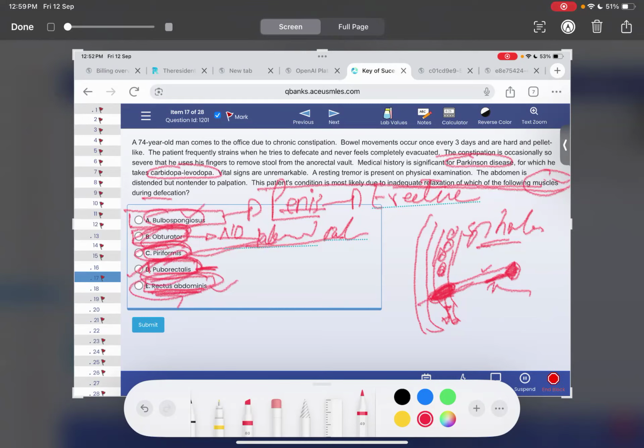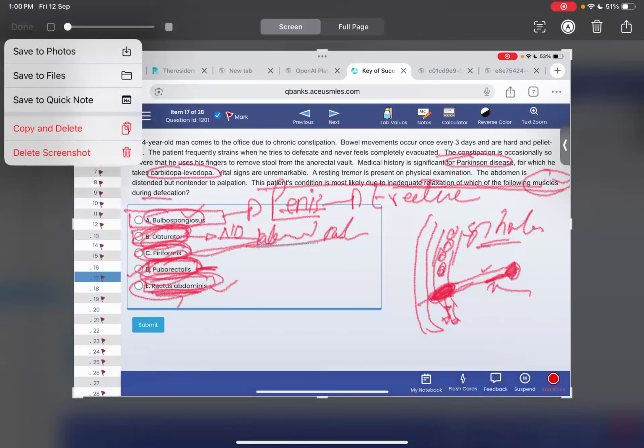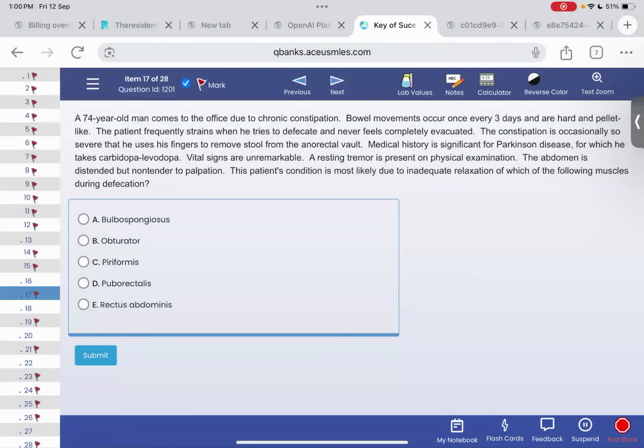That is the basis of this. You just need the basics of anatomy. Anatomy questions are difficult, but you have to clear the concept and remember clearly. I told you remembering is important. Have you got the point? Yes, sir. Perfect.